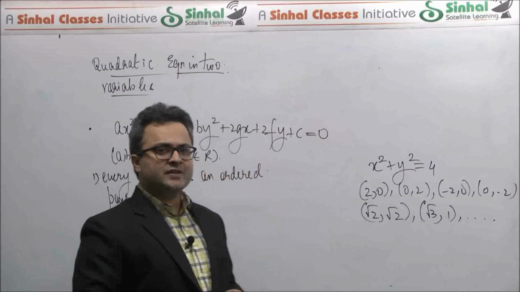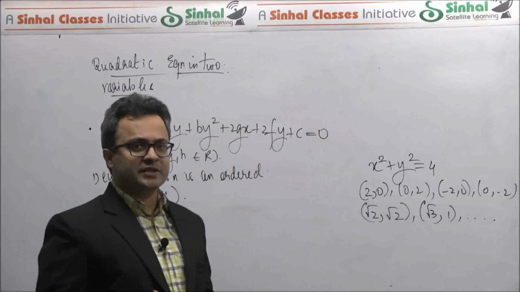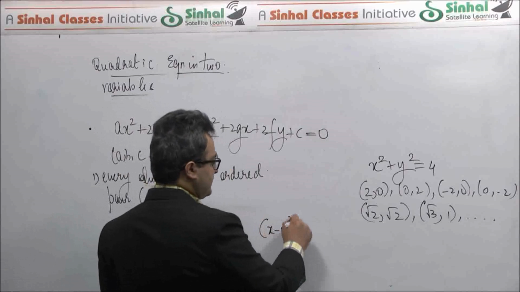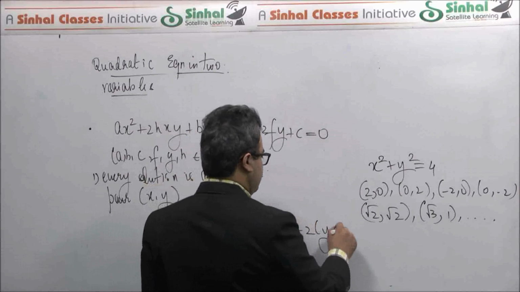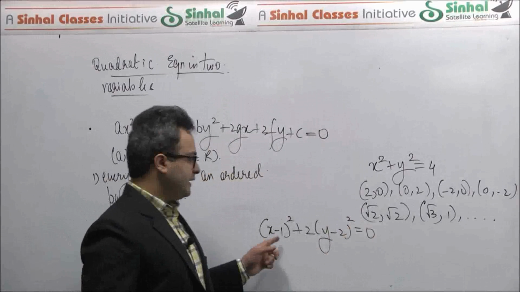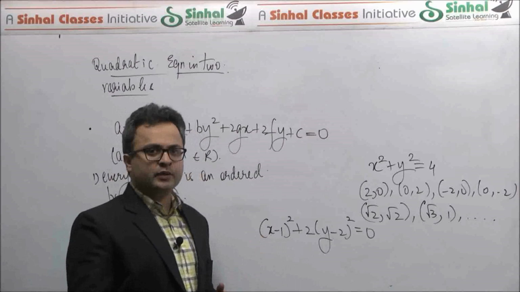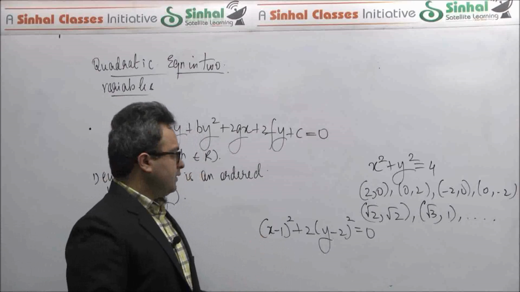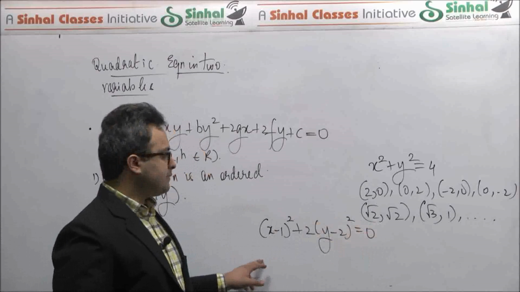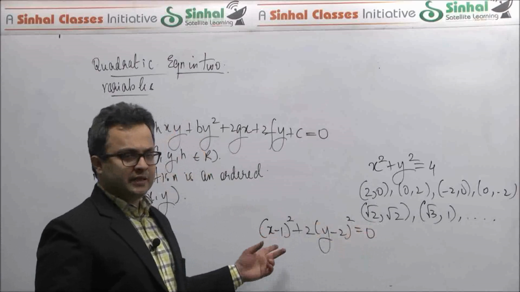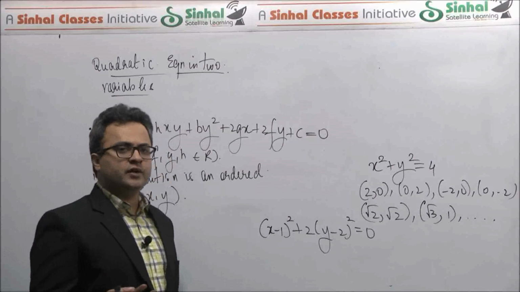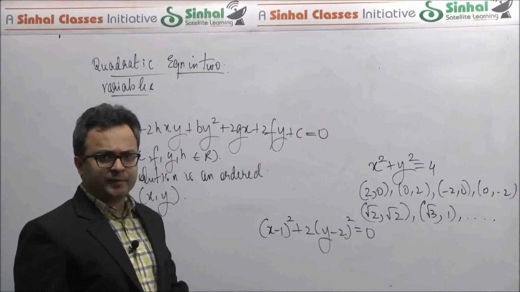Then again, you might have a situation in which the equation just has one solution. An example of such an equation would be something like this. If you look at this equation, obviously when you expand it, you will get a second degree equation in x and y. The reason why you can claim that this particular equation has exactly one solution is that effectively what you are saying is that the sum of two particular squares is 0, which you already know can only happen if each involved term happens to be 0.